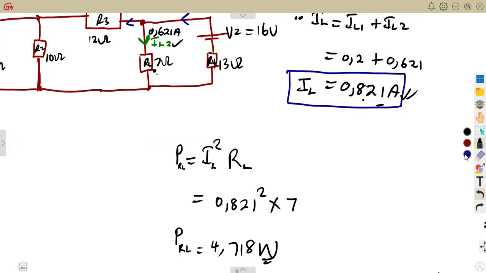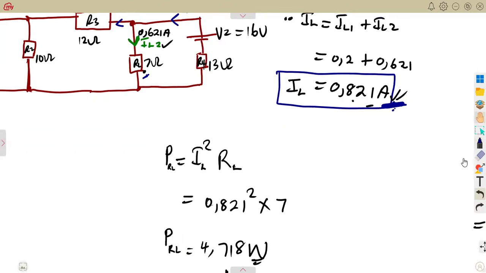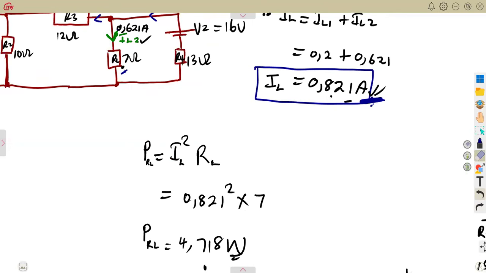Then the voltage also can be calculated. We have current, we have resistance, not this one. This one, remember, was the subpart. I'm talking about the load current, the one that we calculated as the load current. There's a current, there's a resistance there. So voltage also can be calculated.